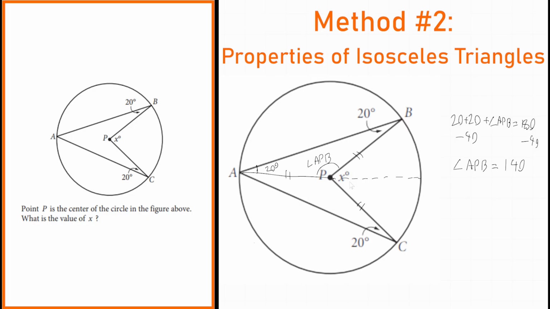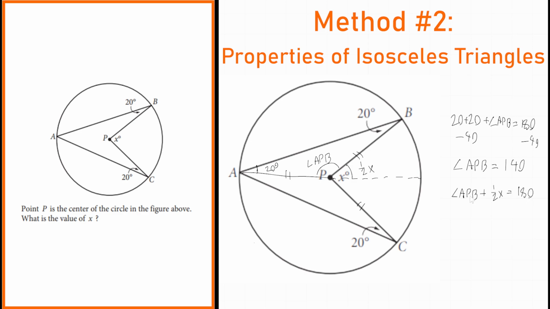And then now, once again, if we draw another line splitting this value of X directly in half in the same direction that we did this AP line, we have this angle here equal to 1/2 X that is part of a supplementary angle pair with this angle APB, which will also add up to 180.